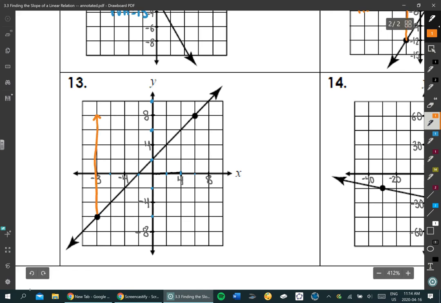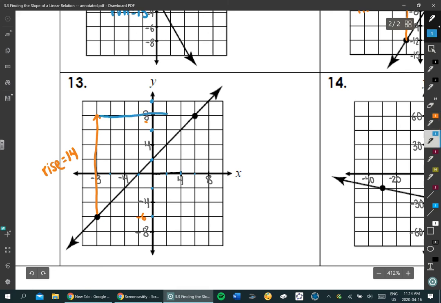We're going up. How much are we going up? Well, it's right between -4 and -8, so it must be -6. And we go all the way up to 8. So that gives us a rise of +14.